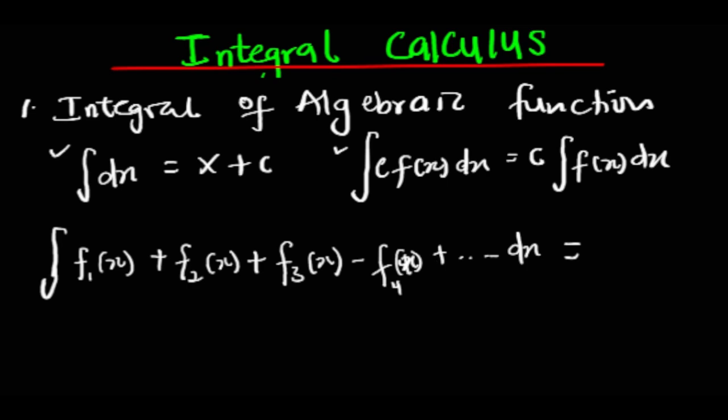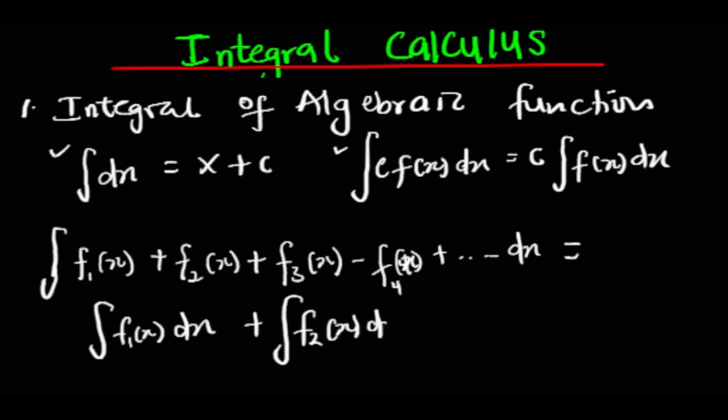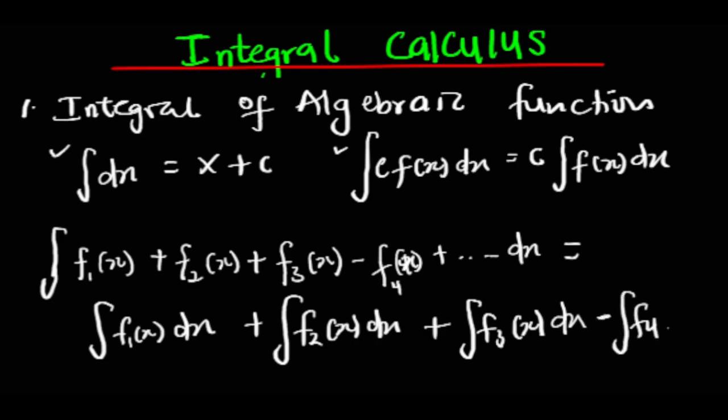This rule is basically called the sum and difference rule. You're going to have the integral of f1 of x dx, plus the integral of f2 of x dx, plus the integral of f3 of x dx, minus the integral of f4 of x dx. That's exactly how you are going to integrate it. You are going to separate.